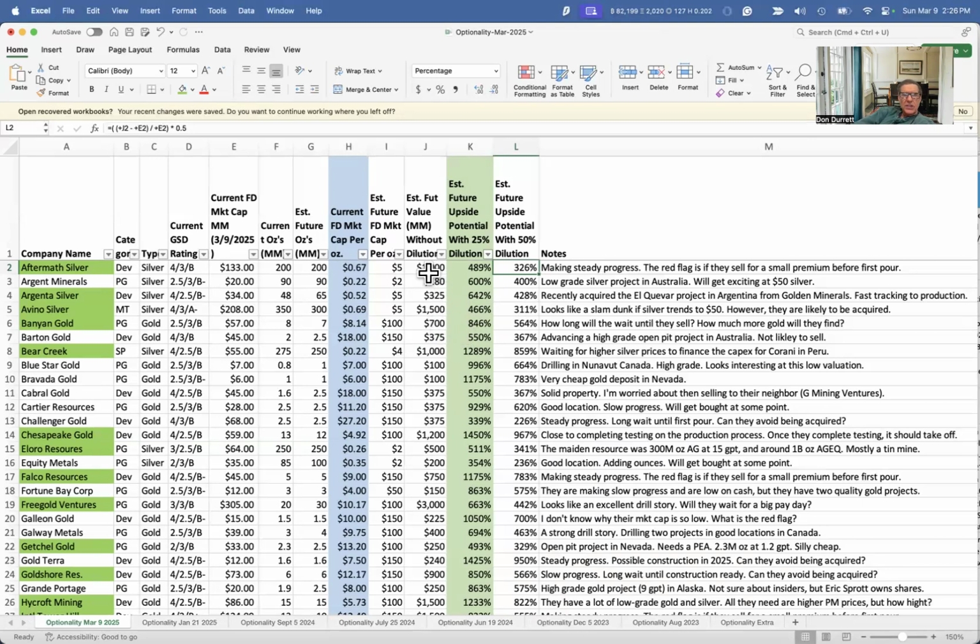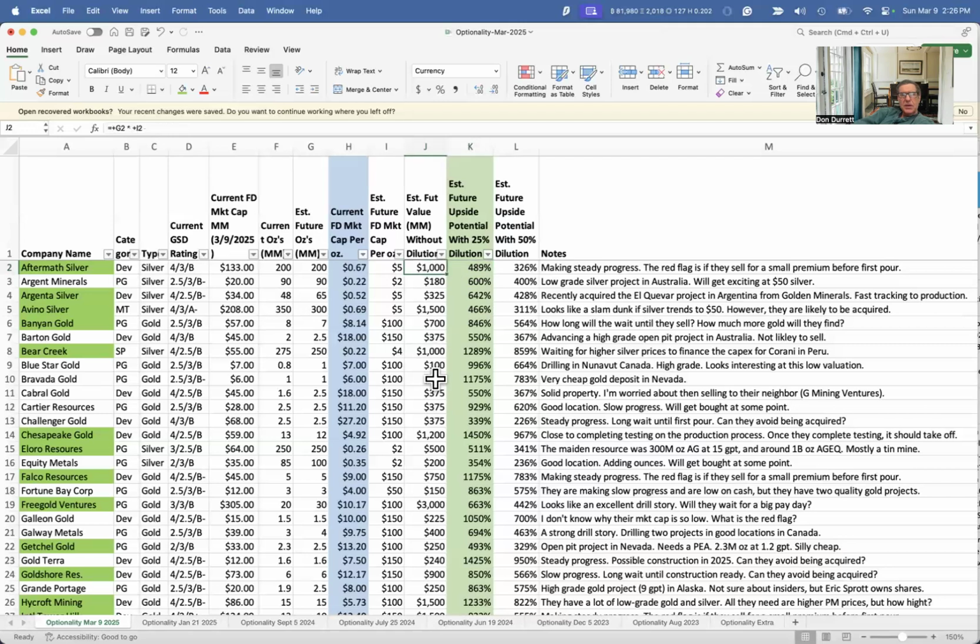And this is the valuation without dilution. So it's basically a five bagger, 200 million, or excuse me, 133. It looks like I deleted a column here. This actually is wrong. It should be percentage.